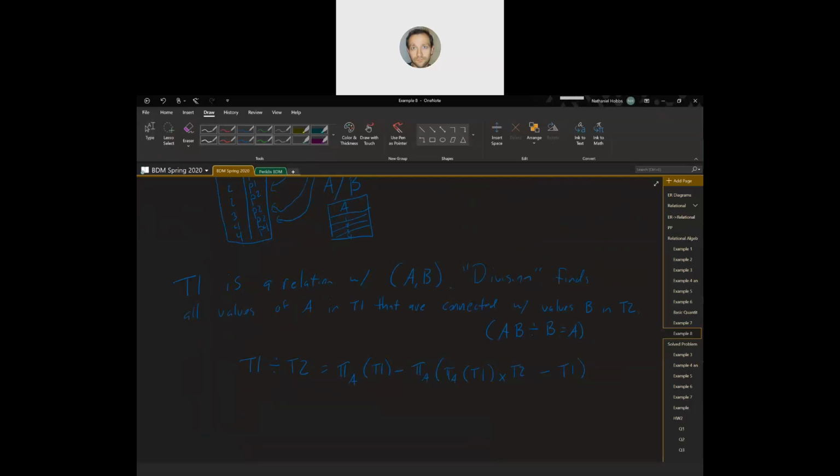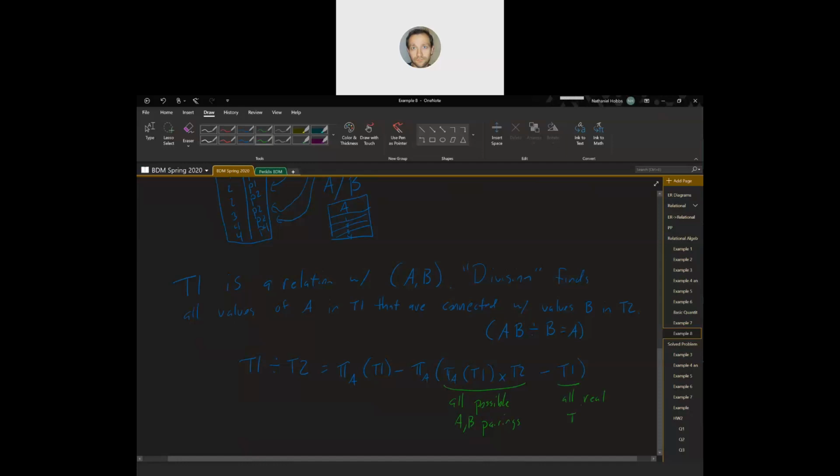So this is all possible A, B pairings, and this is all real A-B pairings.